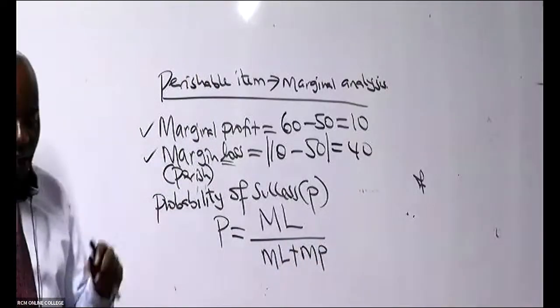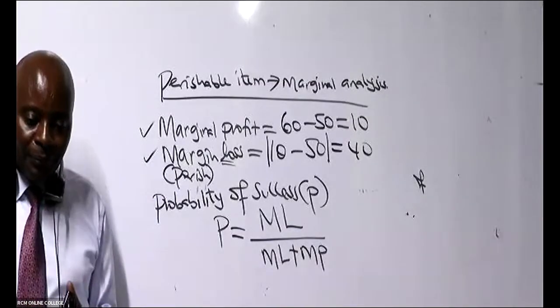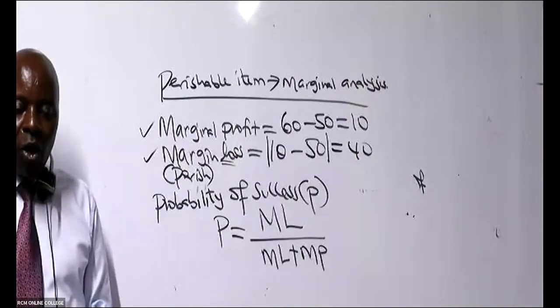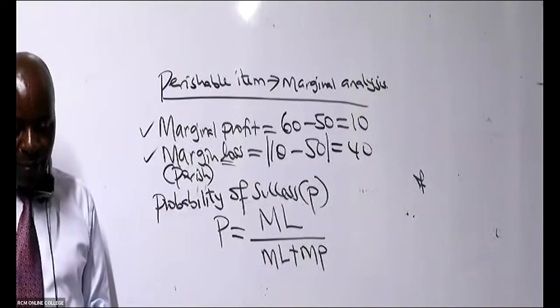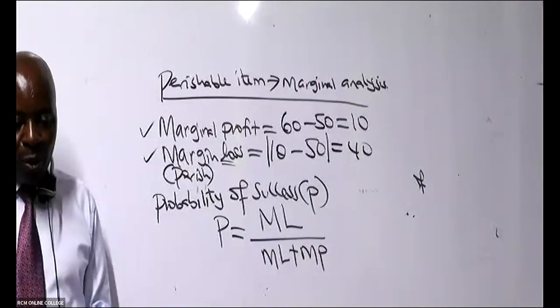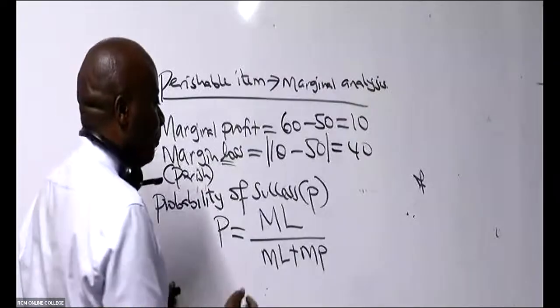Please write this. Anytime they want us to get the probability of succeeding, we take marginal loss all over marginal loss plus marginal profit. So is there somebody who is able to see this marginal loss?